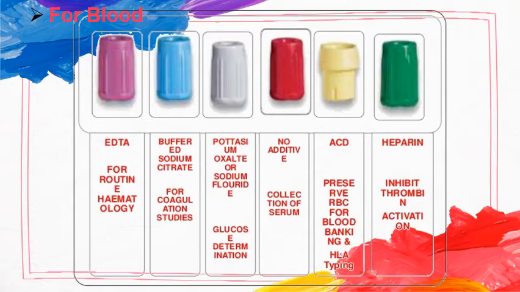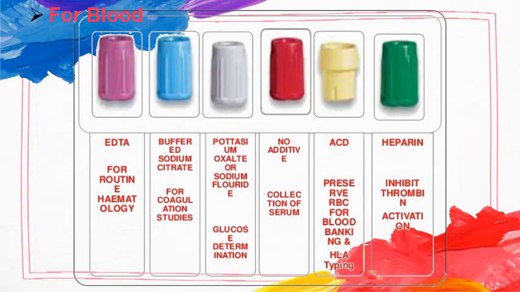Now, these are your blood collection tubes that have different types of tests. For your EDTA, we have your violet. The purpose of this is for your routine hematology, for the process of your complete blood counts, blood smear, and blood typing.